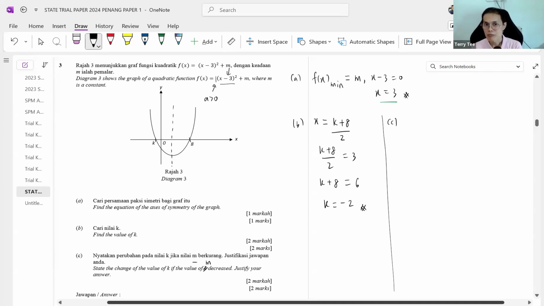Now, m is actually your vertex, right? So when m reduces, what will happen is the graph will be shifted downwards, correct?